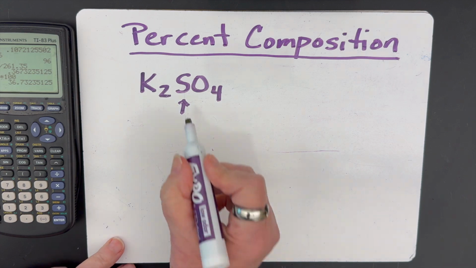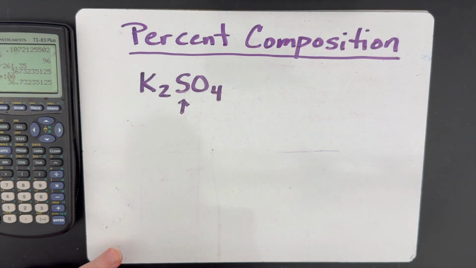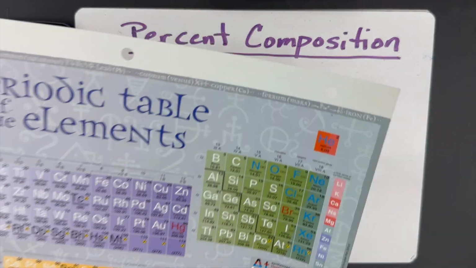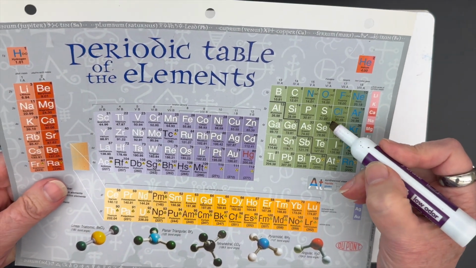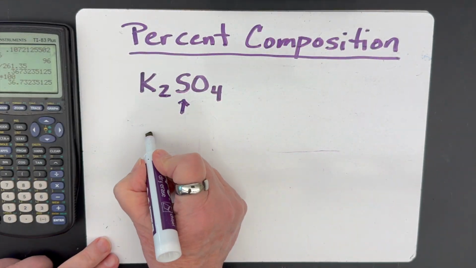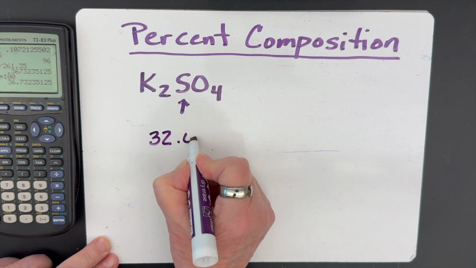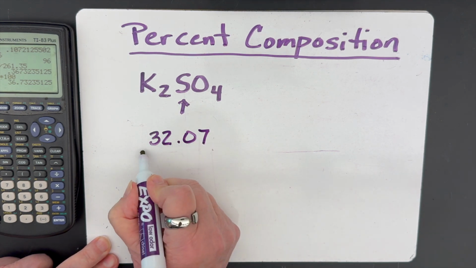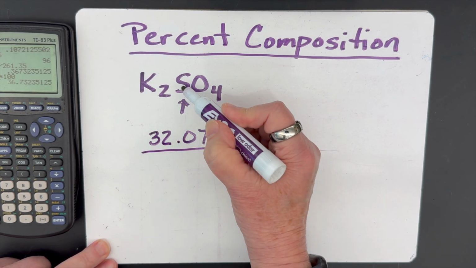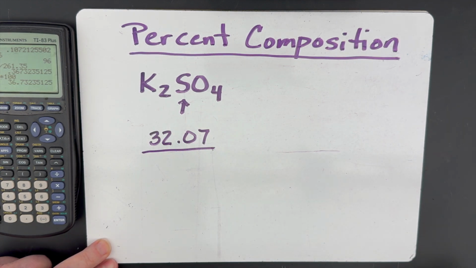So the way that we do this is we take the mass of our sulfur. We look up sulfur on the periodic table: 32.07 grams per mole, and we only have one of them, so we don't have to multiply it by anything.